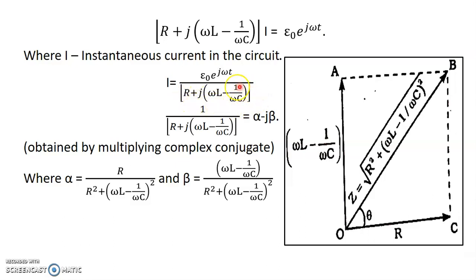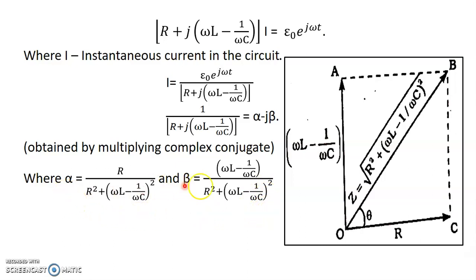This term can be represented as 1 over R plus j into omega L minus 1 over omega C, which is equal to alpha minus j beta, where alpha is given as R over R square plus omega L minus 1 over omega C whole square, and beta is equal to omega L minus 1 over omega C divided by R square plus omega L minus 1 over omega C whole square.